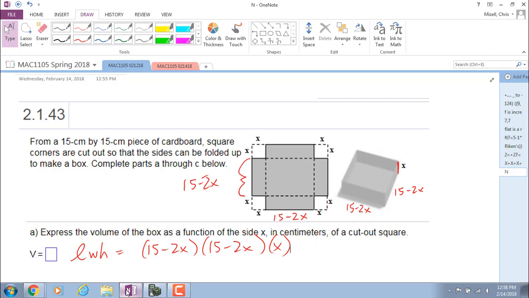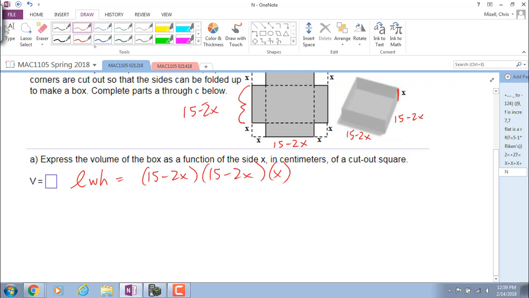Or maybe I should ask it like this: what's the minimum amount we could take away and not have anything left? Basically, cut out 4 squares and the entire piece of cardboard is gone. I know you know what I'm thinking here.